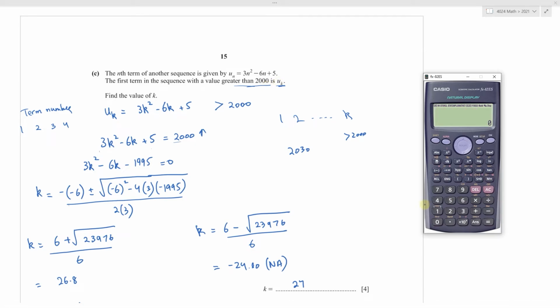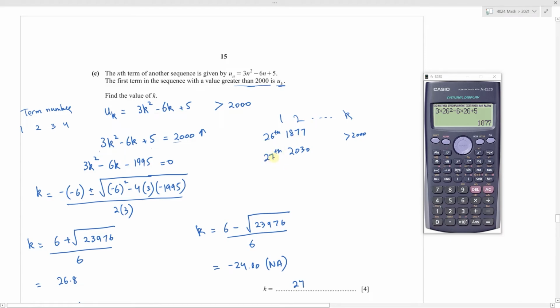And if I look at the 26th value, let's substitute 26 here. This is 1877. So your 26th value is this, 27th value is this.